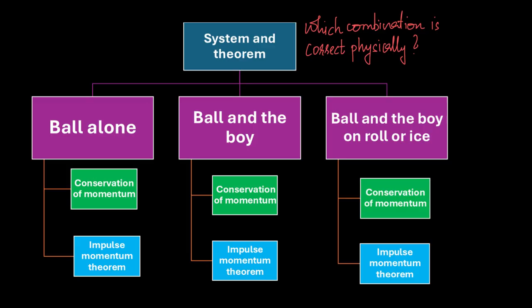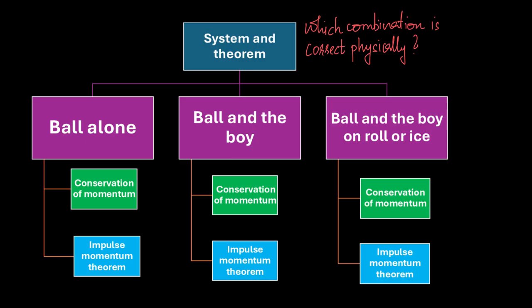The system and choosing the theorem: ball alone, ball and the boy, ball and the boy on a roll or an ice. Which among these theorems, conservation of momentum or impulse momentum theorem, can be chosen to solve physical problems on these three different occasions?